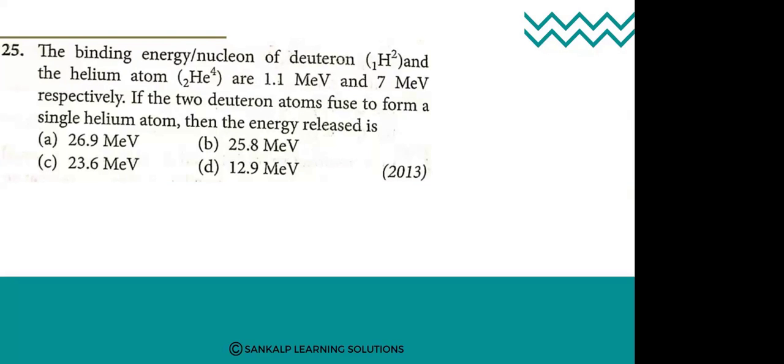If two deuterium atoms fuse to form a single helium atom, then the binding energy released is... So here the energy per nucleon of deuterium and helium is given as 1.1 and 7 mega electron volt. If two deuterium atoms fuse to form a single helium atom, then you have to calculate the energy released.